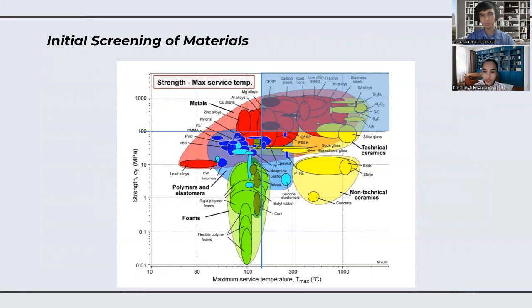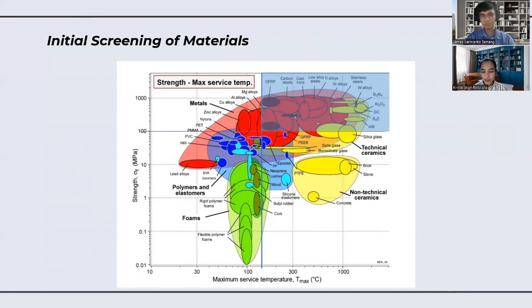The number of materials can be narrowed down using Ashby's maximum service temperature chart, as shown in this figure. So the materials under the blue shaded region are the desired materials that are included in the following selection.